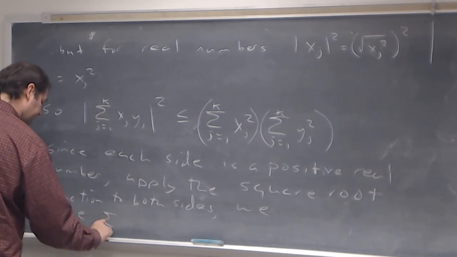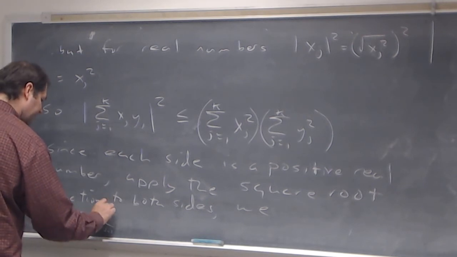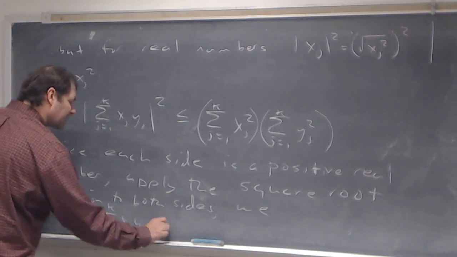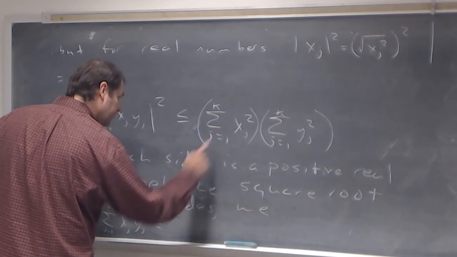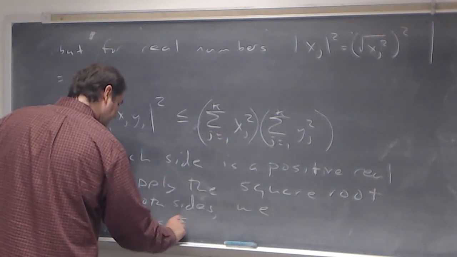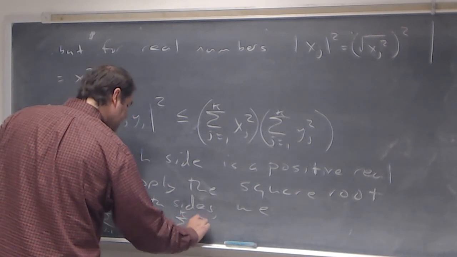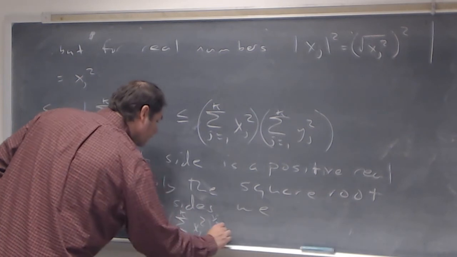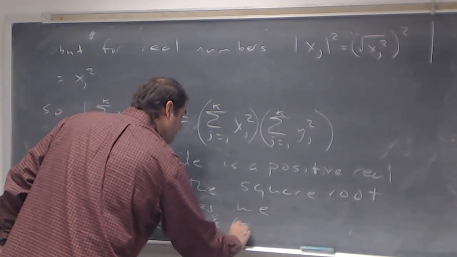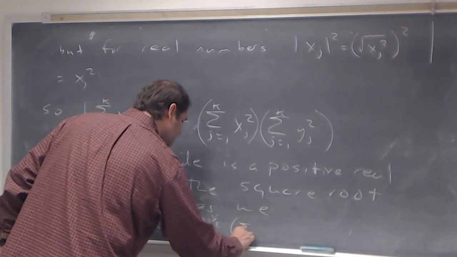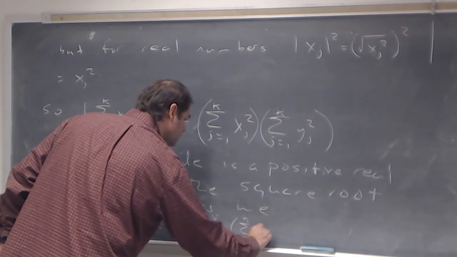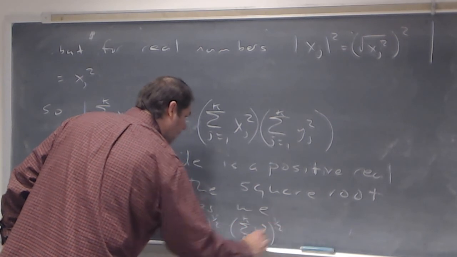So you have the sum as j runs from 1 to k of x sub j y sub j is going to be less than or equal to, here you take the square root of this guy, so it would be the sum as j runs from 1 to k of x sub j squared, all raised to the 1/2 power, times this sum here as j runs from 1 to k of y sub j squared, raised to the 1/2 power.